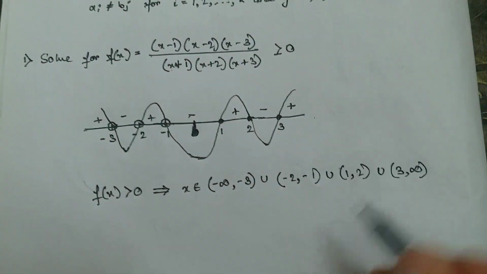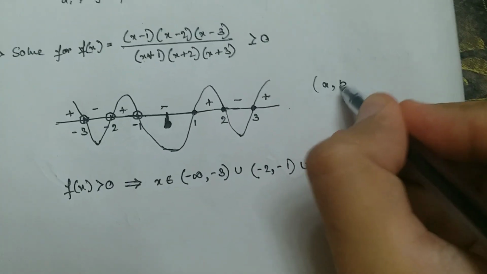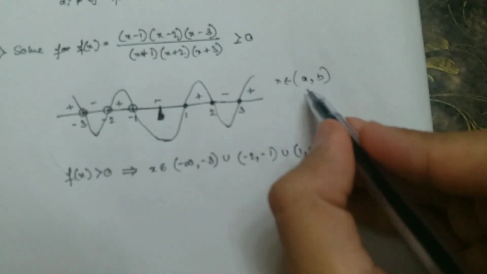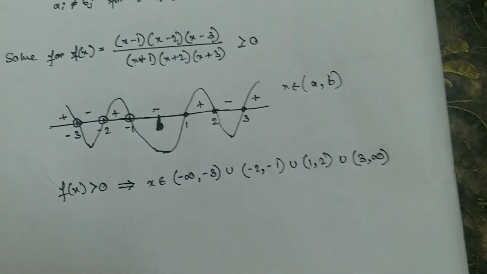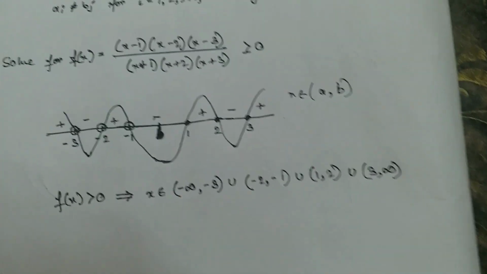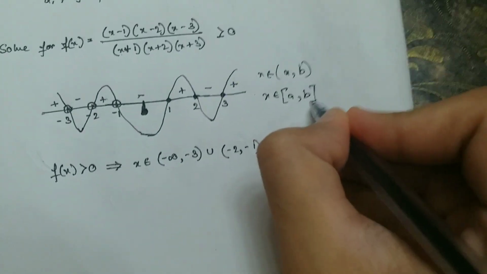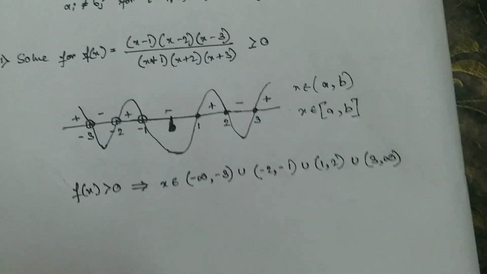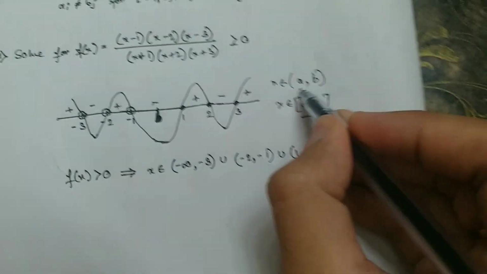When we write x belongs to (a, b), it means x belongs in the interval between a and b, but it never attains the values of a or b. But when we write x belongs to closed interval [a, b], it means it belongs in the interval a to b, and it can also attain the value of a or b, which means this is inclusive, this is exclusive.